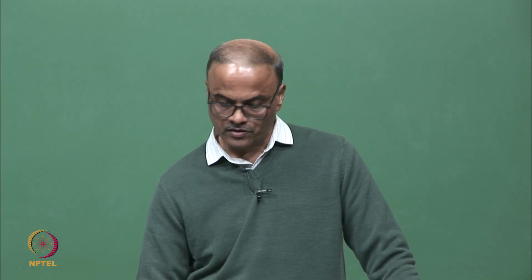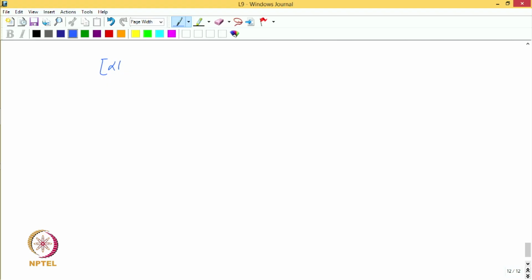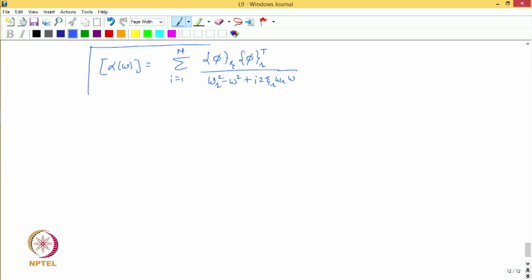Hence we can simply write down the FRF matrix as the sum of phi r phi r transpose upon omega r square minus omega square plus i 2 zeta r omega r, with r varying from 1 to n. So, this is nothing but the FRF matrix.